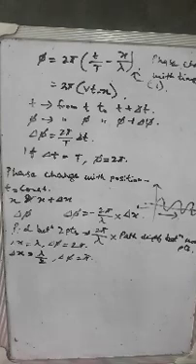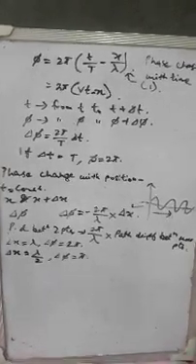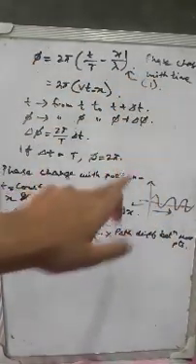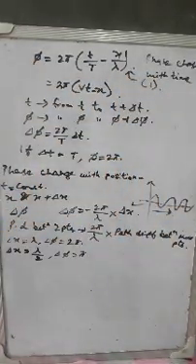I think we have discussed a lot regarding the phase changes, how the phase changes with respect to time and with respect to position. Clear? Now students, we will discuss one sum.